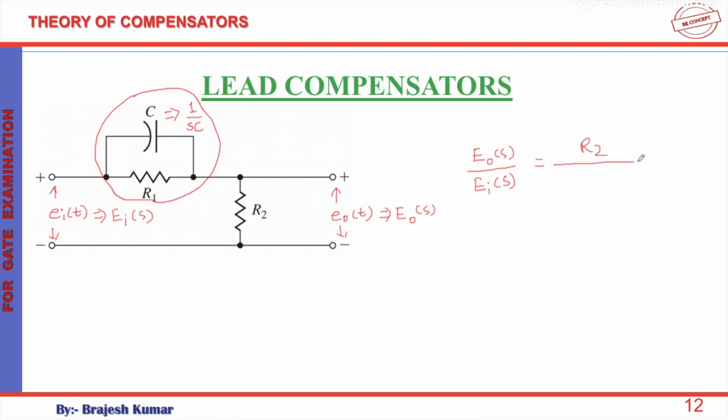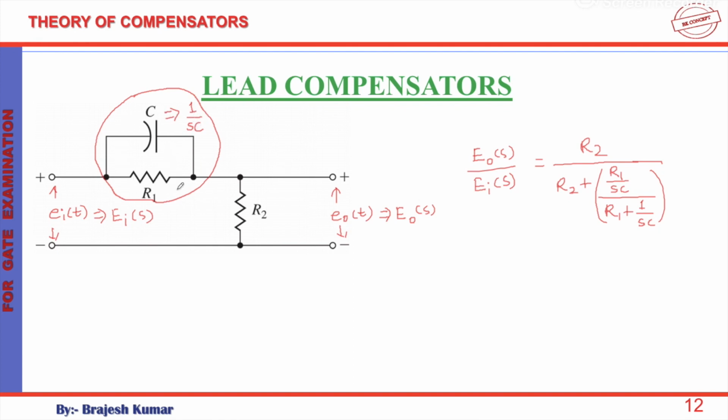R2 divided by R2 plus (R1 times 1 upon sC) divided by (R1 plus 1 upon sC). This whole term signifies the parallel combination of this C and this R1, or equivalently you can say 1 upon sC and R1 are in parallel.